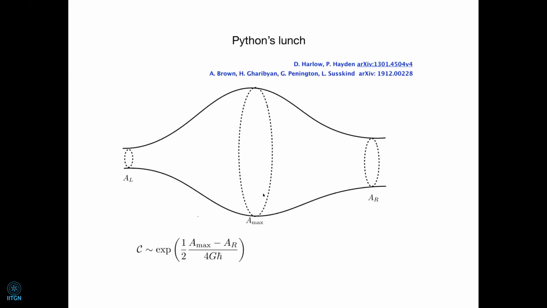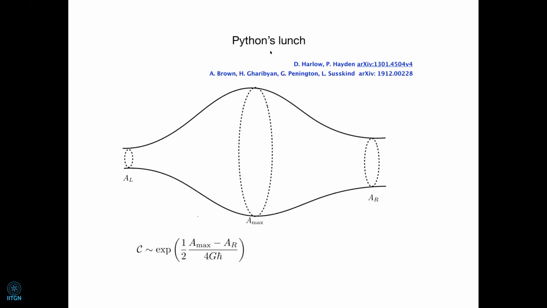Let me draw a picture of, for example, a wormhole geometry. What if in the wormhole geometry you have a bulge in the middle? There is a neck with smaller area here, smaller area here, but here there is a cross-section with much larger area. They call a shape like this a Python's lunch, because there's a lunch here.